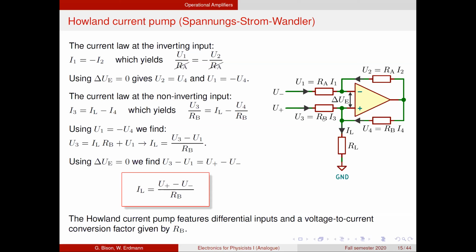All the other resistors in the system, we require that this resistor is equal to that resistor, and the load resistor can be any value. As long as it's in the operational parameters of the op-amp, it will drive the correct current.